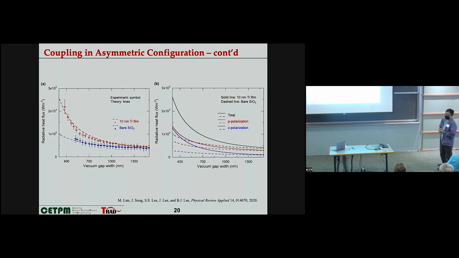And interestingly, since we use a metallic coupler and the doped silicon, if we have a heavily doped silicon, then doped silicon behaves like a lossy metal. So in metal to metal near field radiation, S polarization plays a role. So we calculate the enhancement in the P and S polarizations. In P polarization, due to the coupling of the plasmonic resonance, we do observe the enhancement.